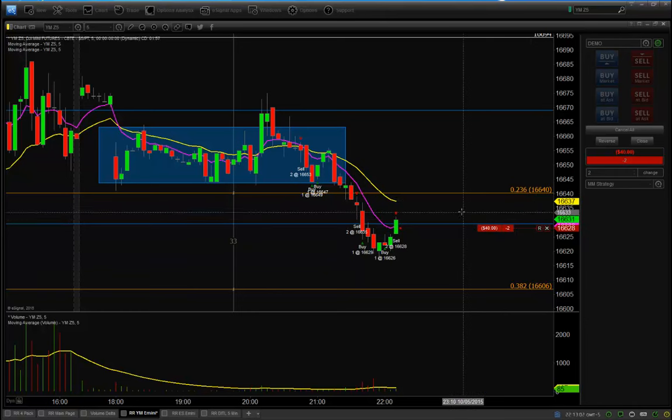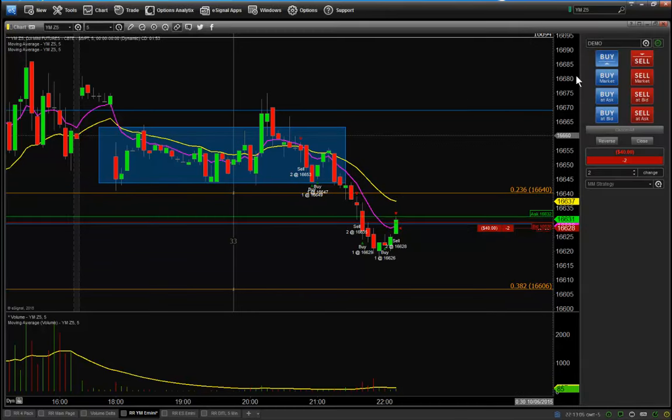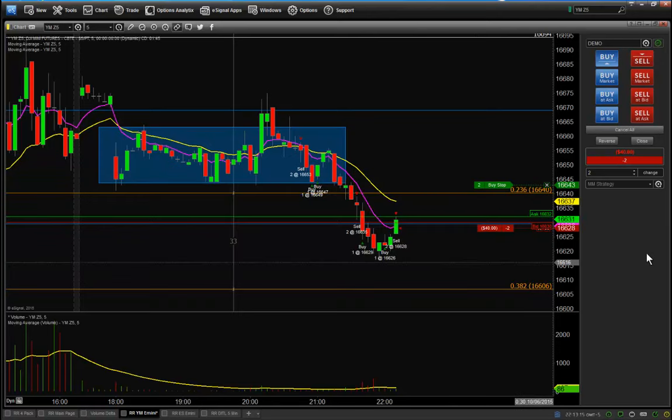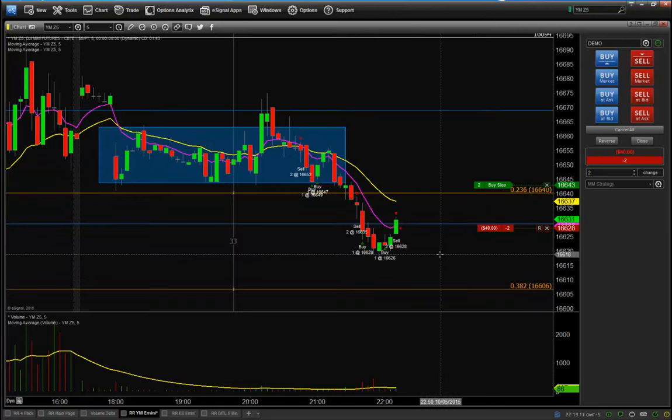So 28, 38, 43. We're going to go ahead and put a hard stop at 43 for 2 contracts. So if it does get up there, we're out of the trade. It violates the moving average. It violates the 236. All the stuff I just taught you in the E-minis tonight about the overnight fib setup.